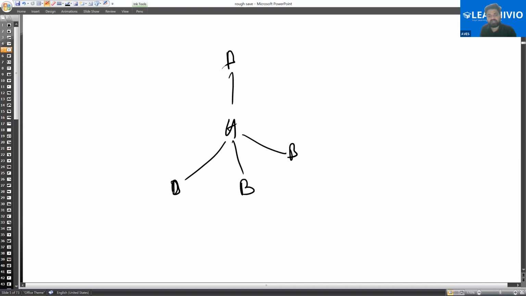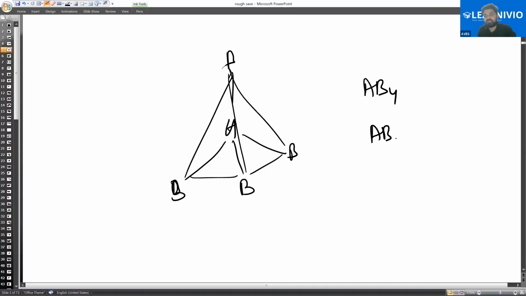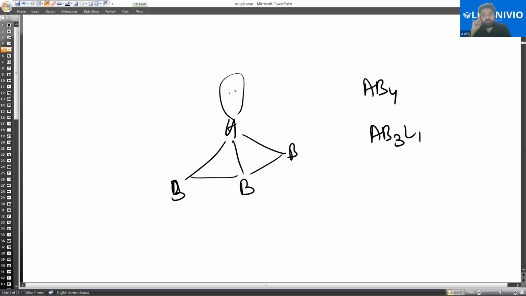Got it? Yes, sir. Then if you remove it, it becomes AB3 and L1, and the shape will appear like this. Got it? Yes, sir.